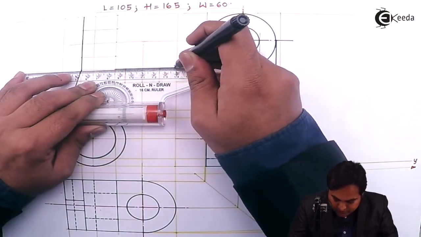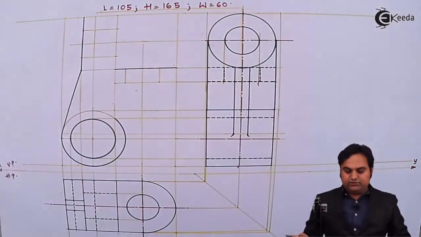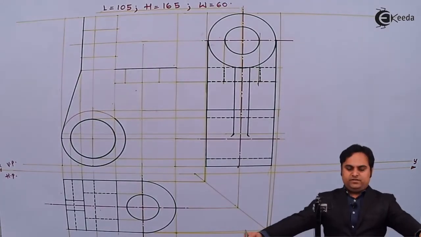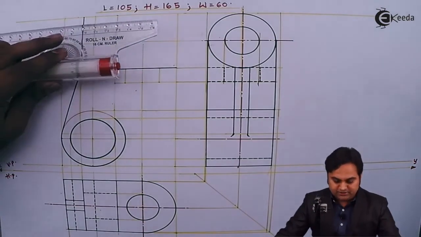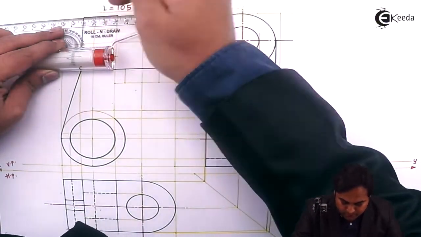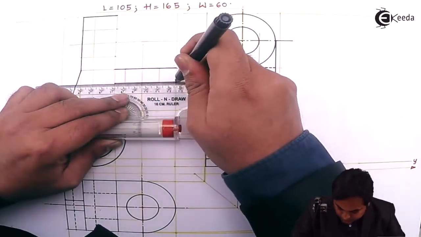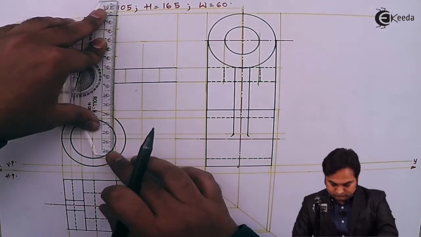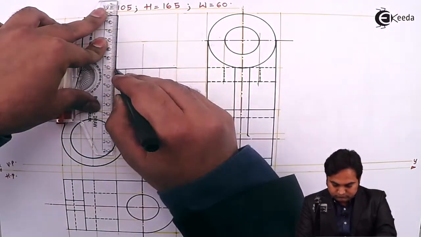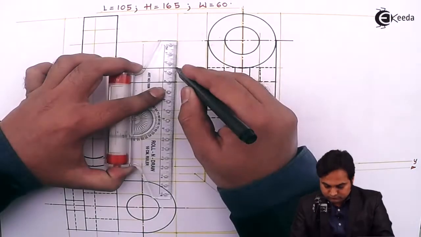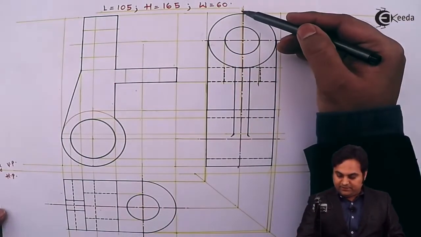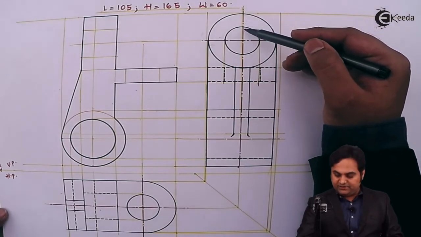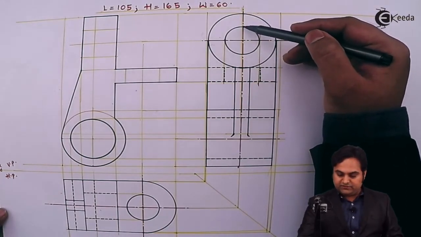So this is the step to be followed in case of sectional orthographic projections, that you have to make the outlines dark first and then go for the inner details. Next, when the cutting plane is passing, like it is passing in the side view, it is going to cut these surfaces.